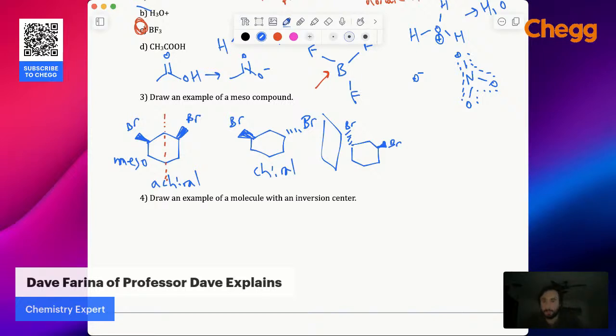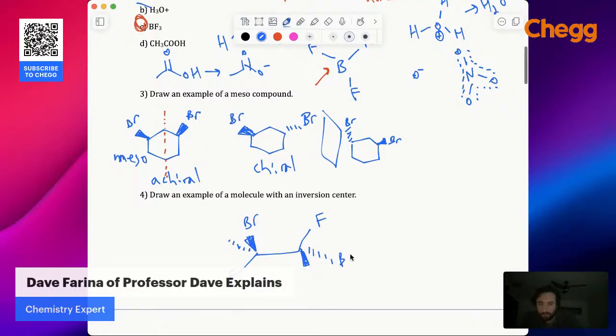Okay. So now let's do an example of a molecule with an inversion center. This is a different kind of internal symmetry that can render a molecule achiral. So for example, let's say we have this situation, and let's say we have F right there, F right there, Br right there, Br right there, Cl right there, Cl right there.